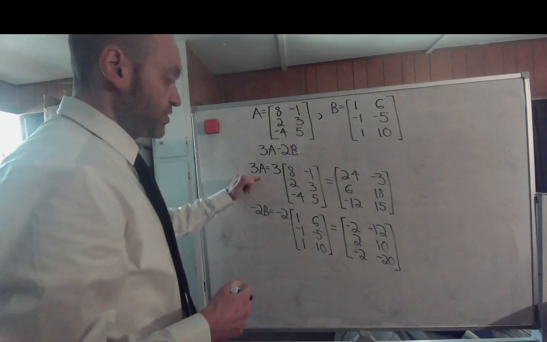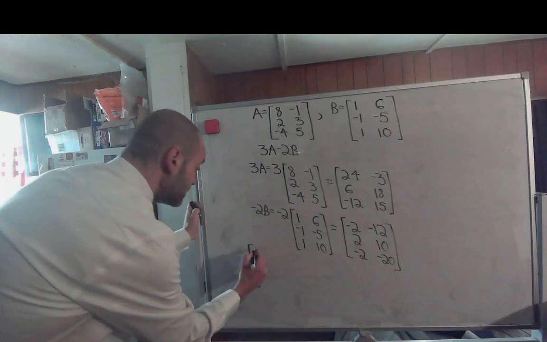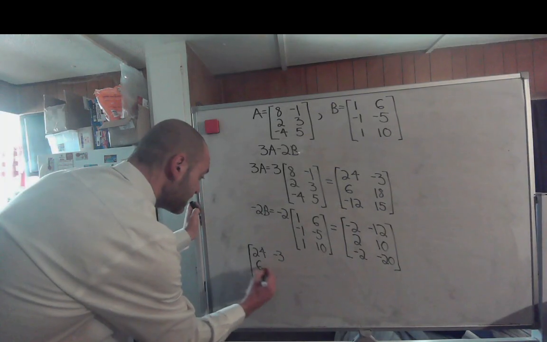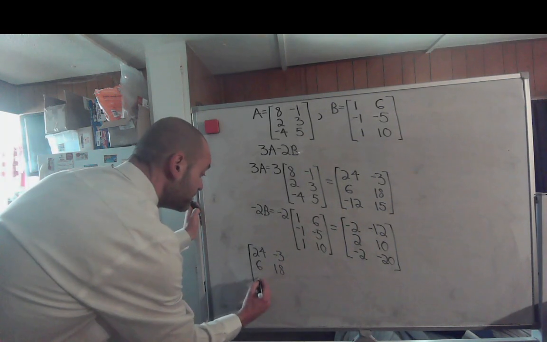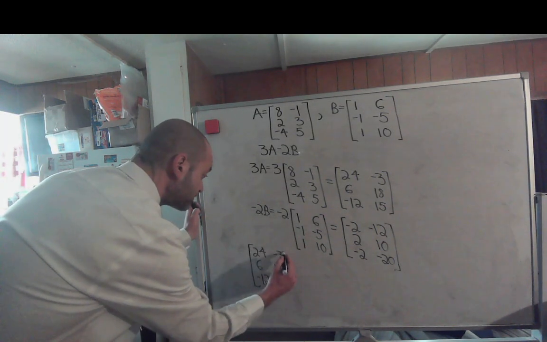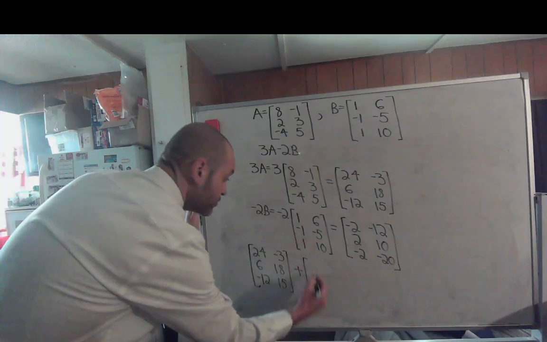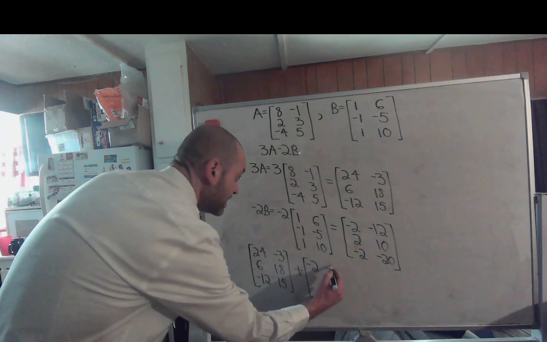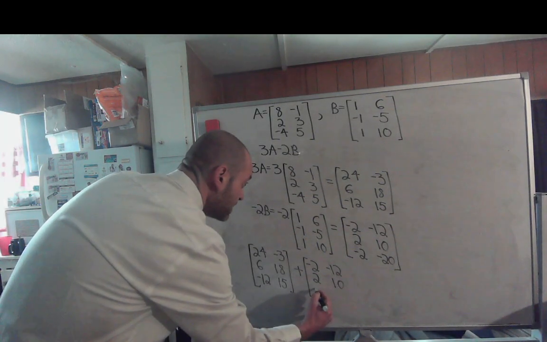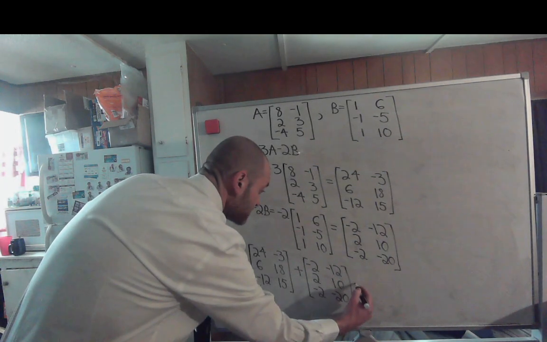Now you're just going to add 3A plus negative 2B. So this will end up being 24, negative 3, 6, 18, negative 12, 15, plus that negative 2B matrix, which is negative 2, negative 12, 2, 10, negative 2, and negative 20. So all we got to do now is add these together.